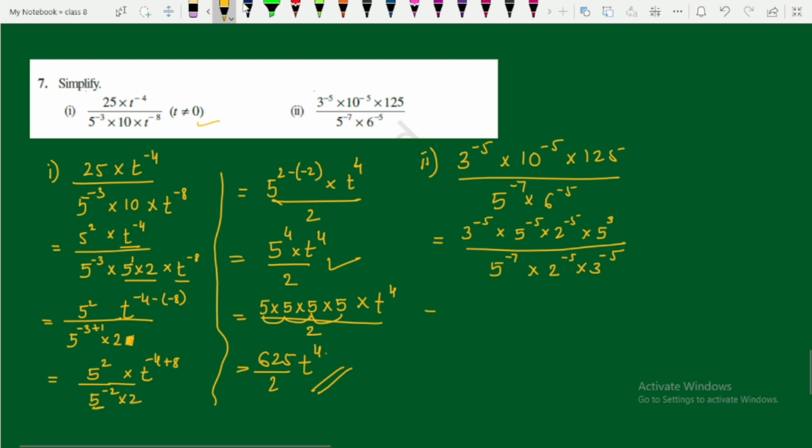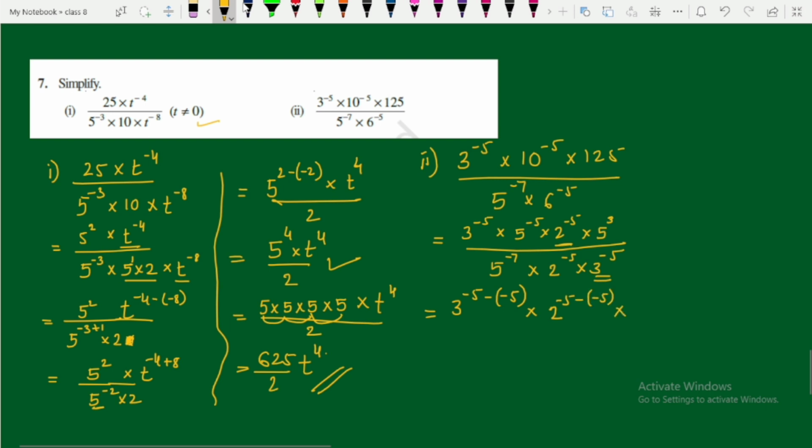Now, the bases which are the same, you can combine them. First, 3. 3 raised to minus 5 here and 3 raised to minus 5 in the denominator, minus of minus 5, this is the rule a raised to m divided by a raised to n is a raised to m minus n. Then next is 2: 2 raised to minus 5 is there, and one more divided by 2 raised to minus 5, so m minus n applies here, minus of minus 5.